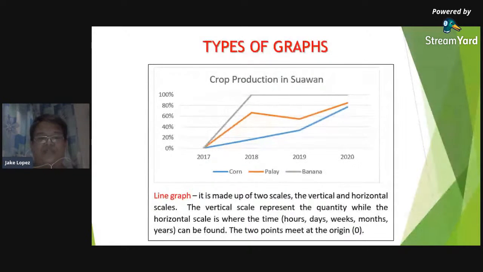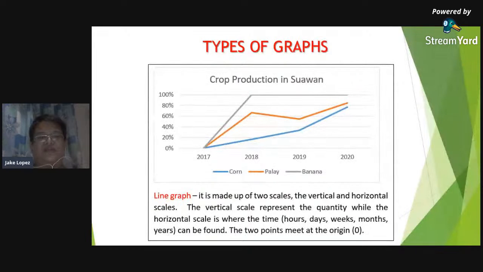It is made of two scales, the vertical and the horizontal scales. The vertical scale represents the quantity, while the horizontal scale is where the time, hours, days, weeks, months, years can be found.